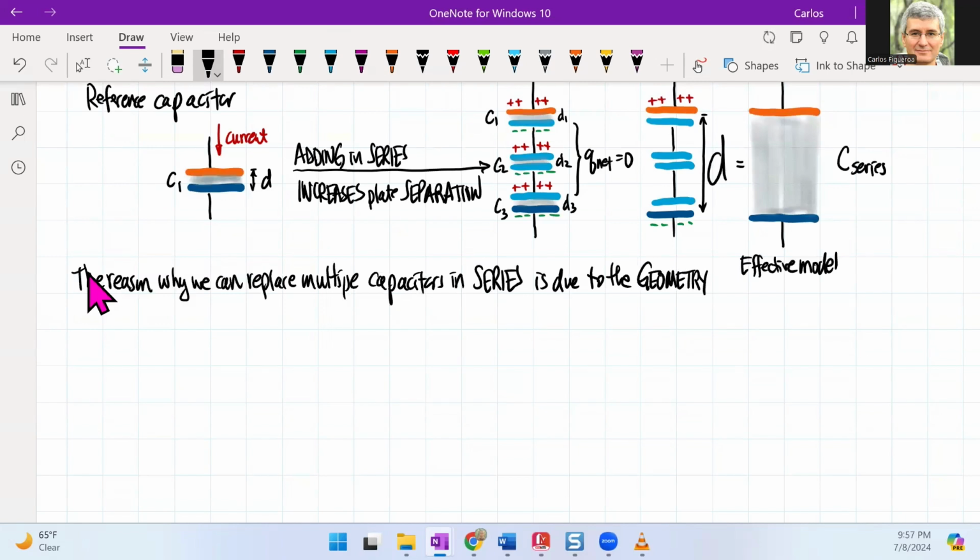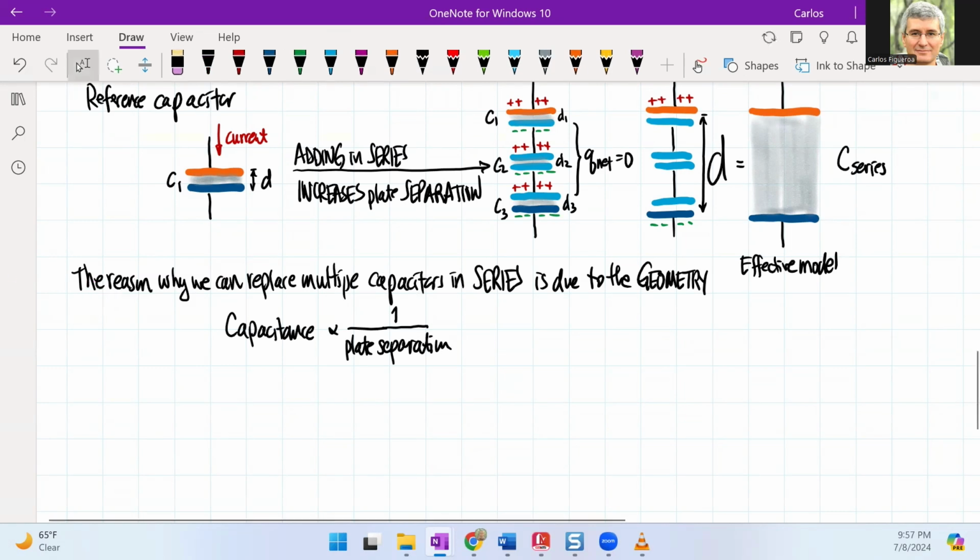And so when I look at the capacitors, what we found here is that we have capacitance, and this time it's inversely proportional to the plate separation. So I can add them. So I could then say, but now this is a bit trickier. And the reason why this is a bit trickier here is because now these guys are inversely related.